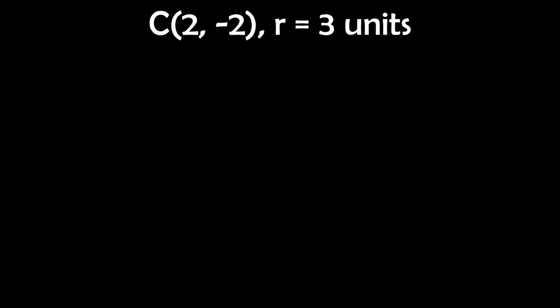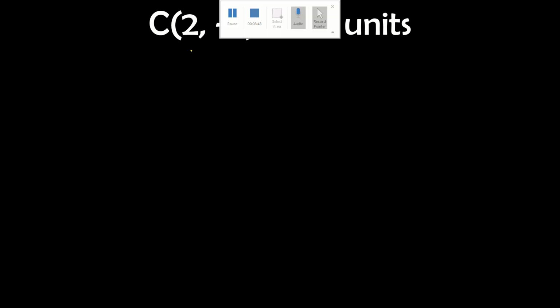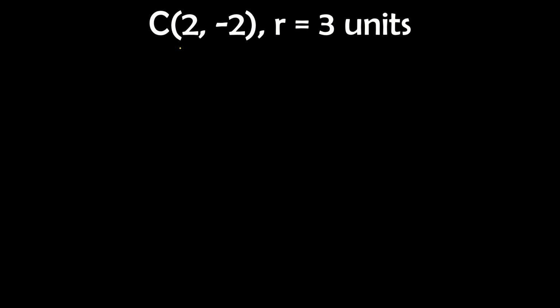The center of the circle is denoted by H and K. So, if the center of the circle grade 10 is denoted by H and K, ibig sabihin, dito sa center na 2 and negative 2, si positive 2 will be the value of H, and negative 2 is K.